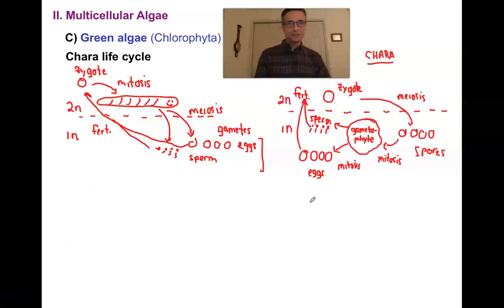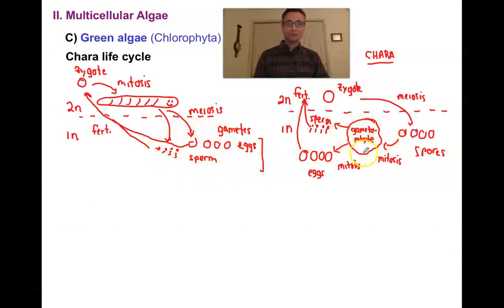This is our Chara life cycle, and notice that our Chara life cycle is very different from our animal life cycle. In fact, it's almost flipped upside down. For an animal, our multicellular generation was diploid, and we just had a bunch of single cells that were haploid. But for Chara, it's going to be the reverse.